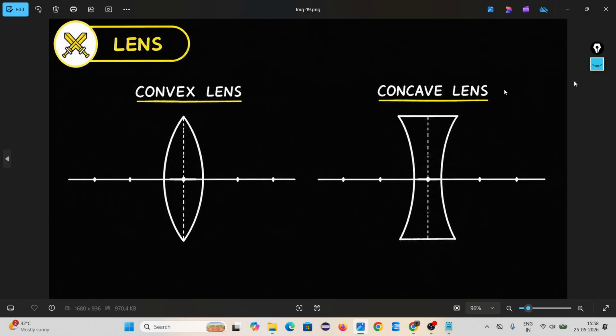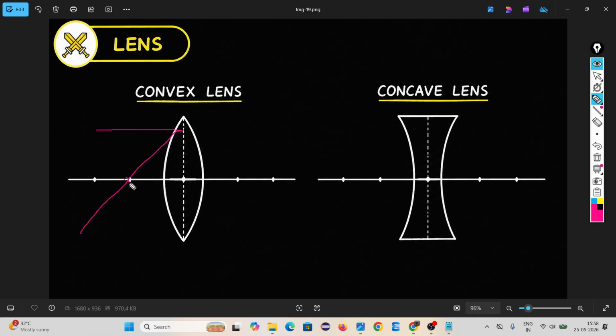Look, suppose in a convex lens, a light ray comes parallel to the principal axis. It always has to touch this line. So it is refracted and meets at F1. In a convex lens, if a parallel ray comes, look at this diagram.